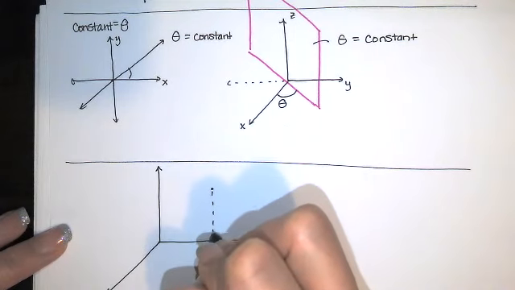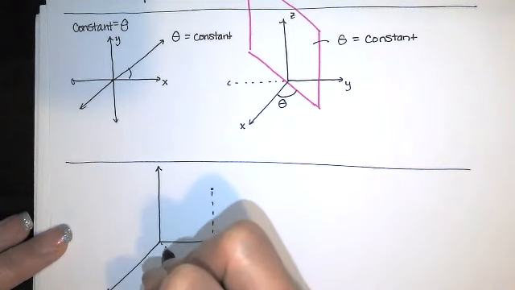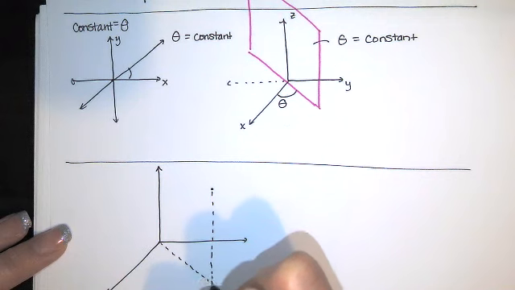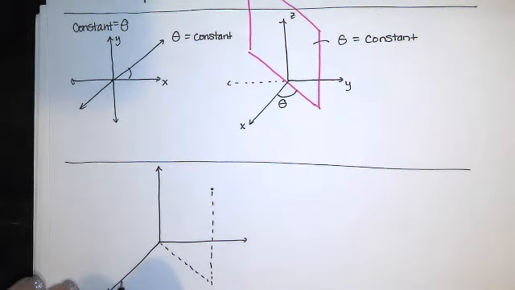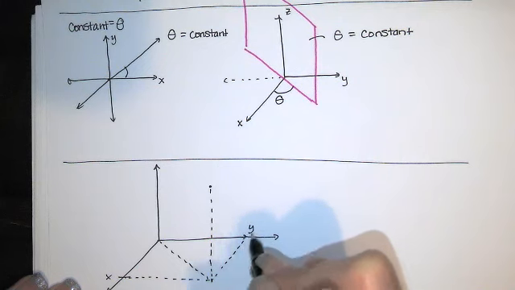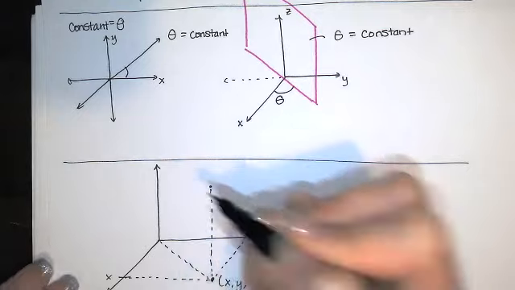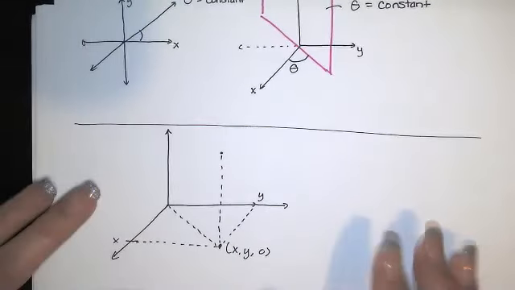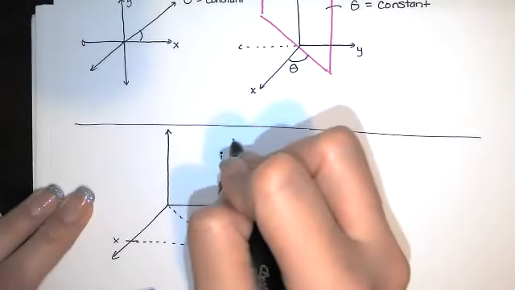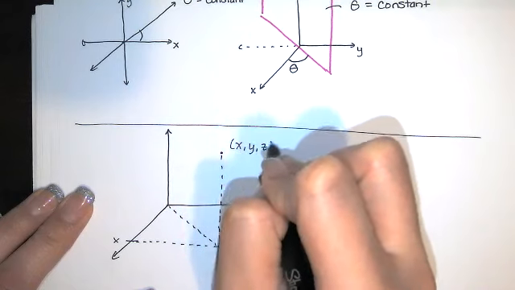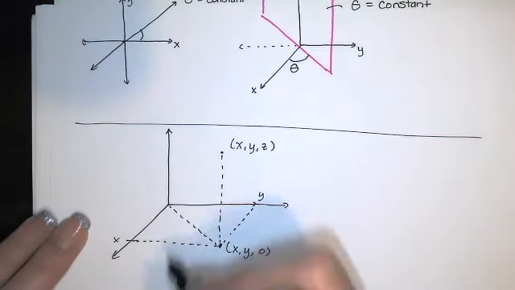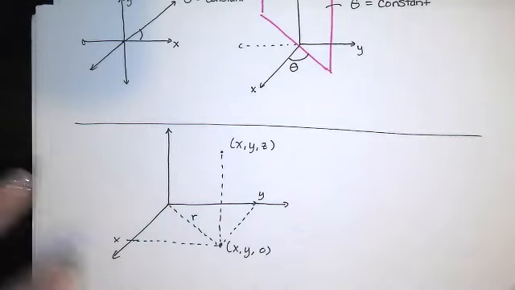If I'm at a location (x, y, 0), and then we go up z units, so we're at (x, y, z), this would have been r.